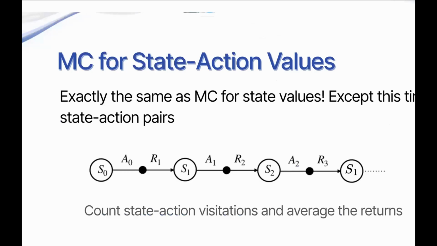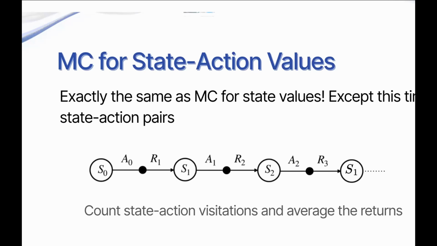So can we do Monte Carlo for state action values? Yes, of course. It's exactly the same: going to the end and taking the average. But this time you use the state action value instead. You count the number of state visitations, you average the returns.